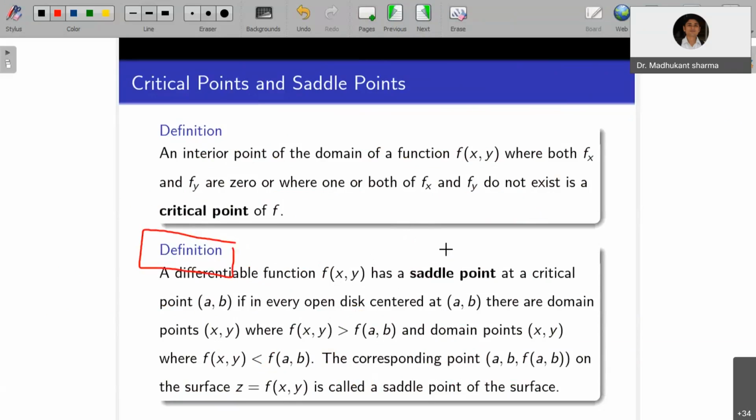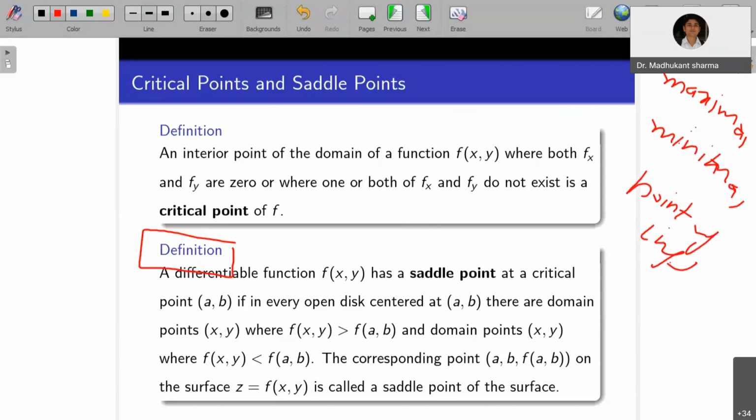You have seen that for a function of a single variable, there are three possibilities: either maxima, or minima, or point of inflection.